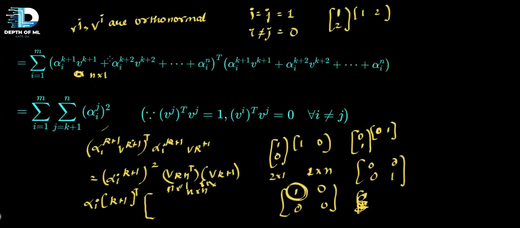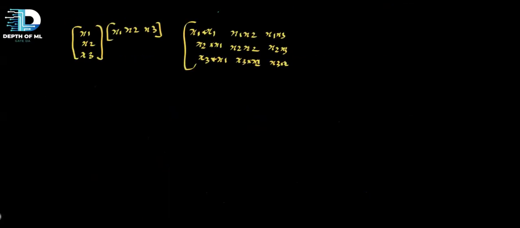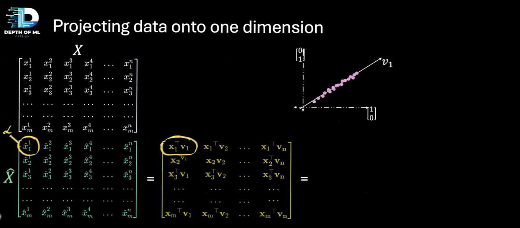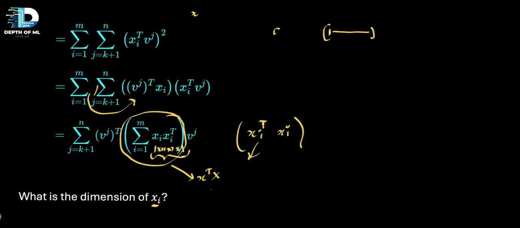I think I have written them incorrectly. The orders have been changed here, most likely. Fine. So I'll redo this, or I'll share the corrected version of the derivation. But eventually what you will be left with is x transpose x, and it will boil down to the same thing that you have to minimize.